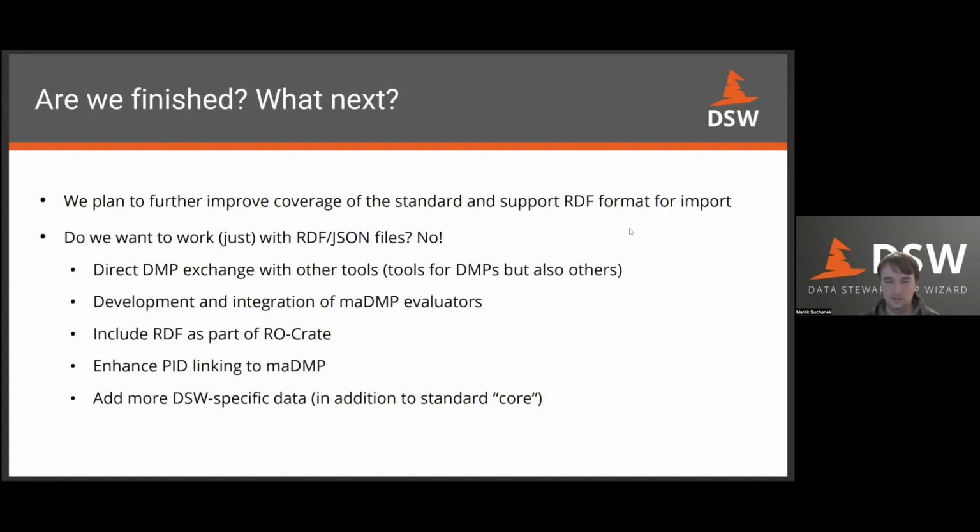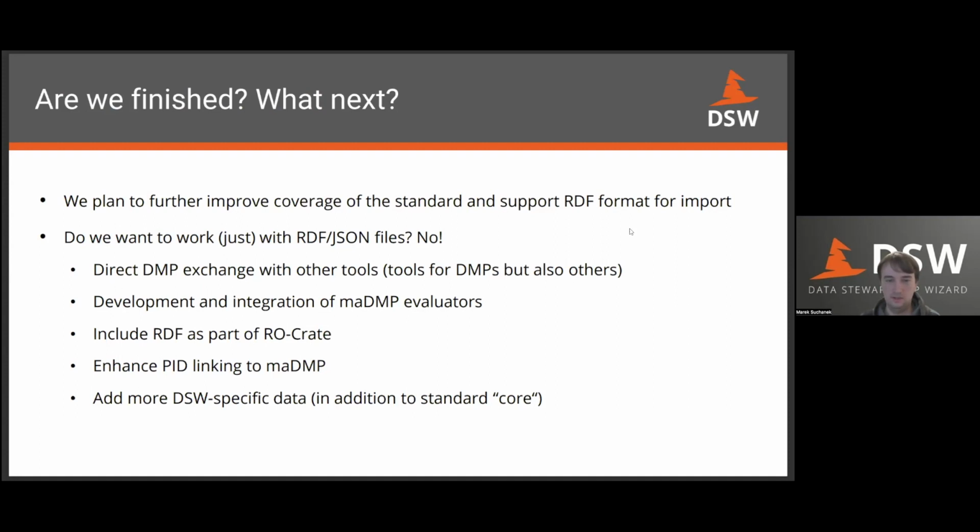That's not, of course, all. We can work on improving importers and export on the document template, but there are more things because this machine actionability opens doors to more possibilities, as also Tomáš mentioned in his presentation with the glue, basically. So we can exchange the DMPs with other tools directly via APIs. We can develop and integrate some machine actionable DMP evaluators or assessments.